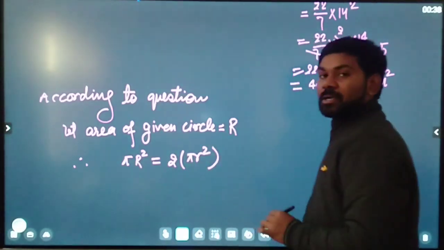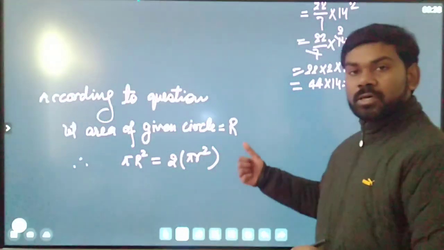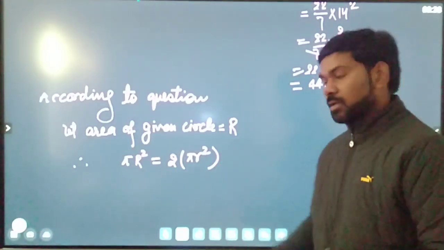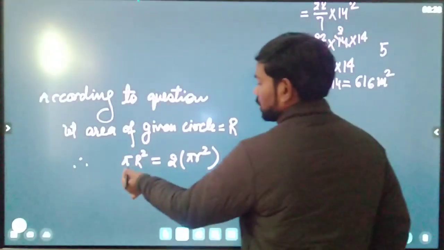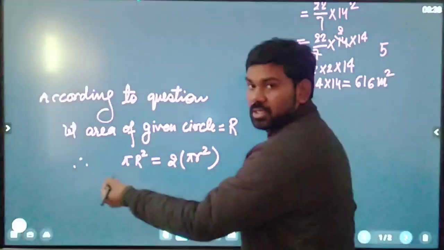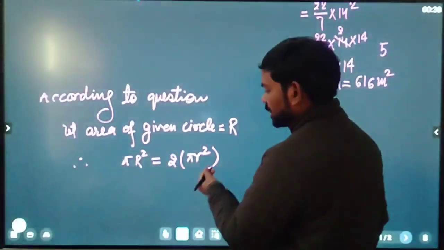The small r represents the radius of the circle whose radius is given. Therefore, the area of the first circle is twice the area of the second circle.